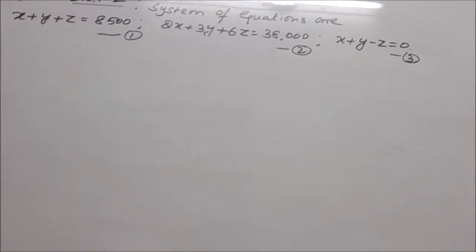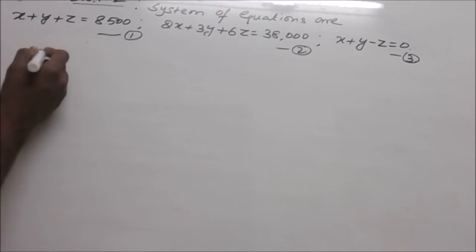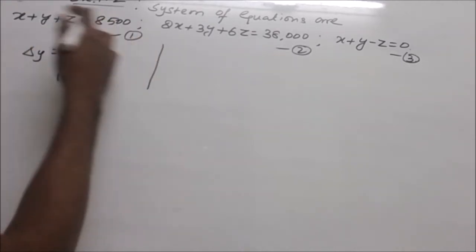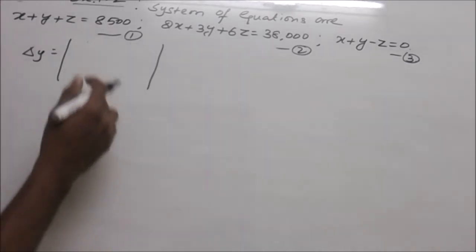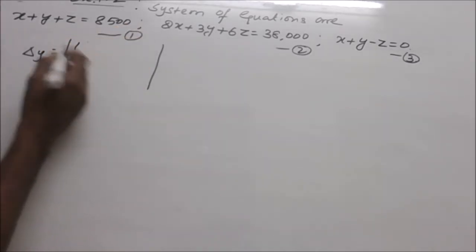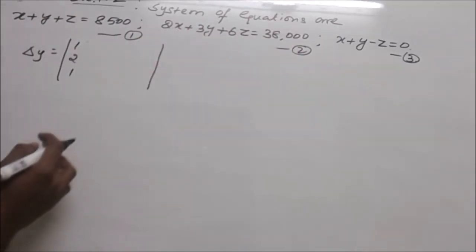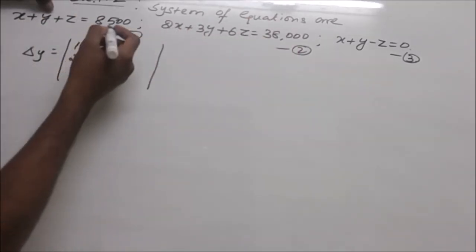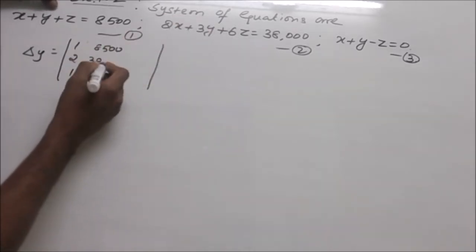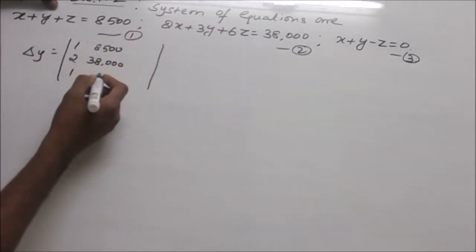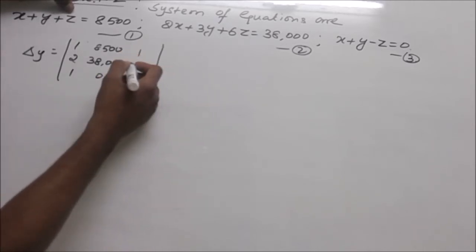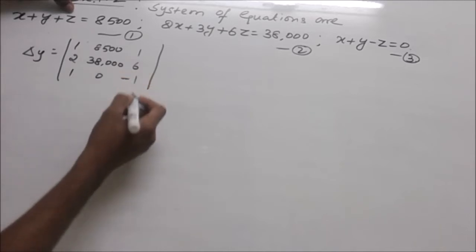Delta y equal to, replacing the coefficients of y by the constant terms: 1, 2, 1, 1, 2, 1, then 8,500, 38,000, 0, then 1, 6, minus 1.